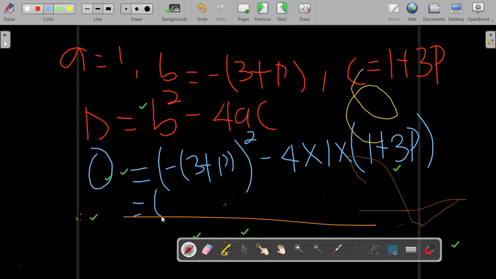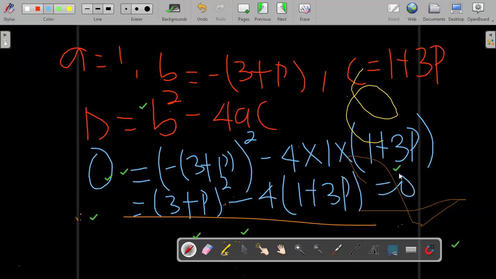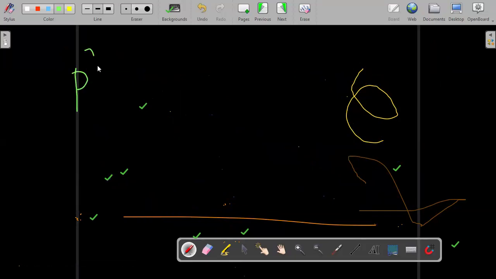I'm just left with 3 plus p all squared minus 4 into 1 plus 3p equals 0, because 4 times 1 will give us 4. So I will expand this. I need to expand this into two because it appeared twice. That means I'm supposed to have p plus 3 into p plus 3. If you expand that, you're going to have p squared plus 6p plus 9.